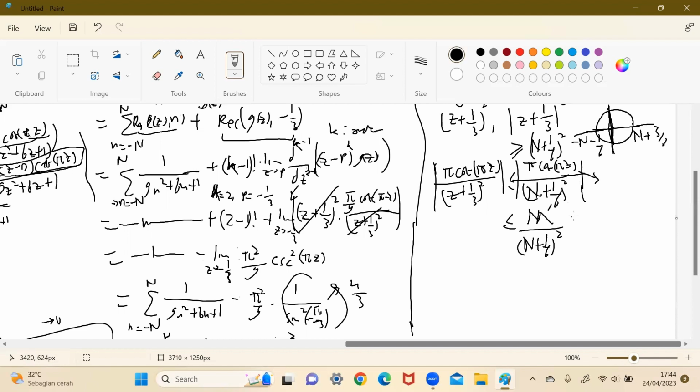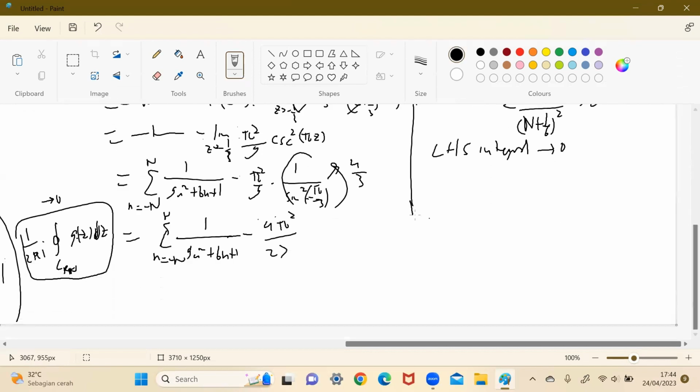And notice that because we have n in the denominator, if we let n go to infinity, this is going to tend to 0. Therefore, the left-hand side integral goes to 0.